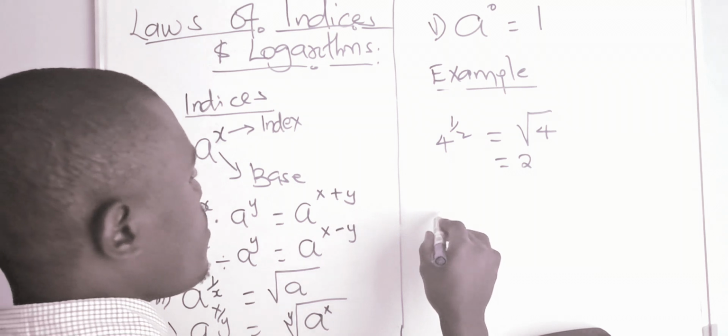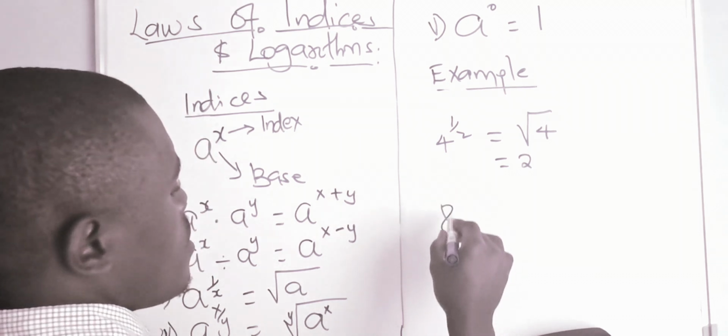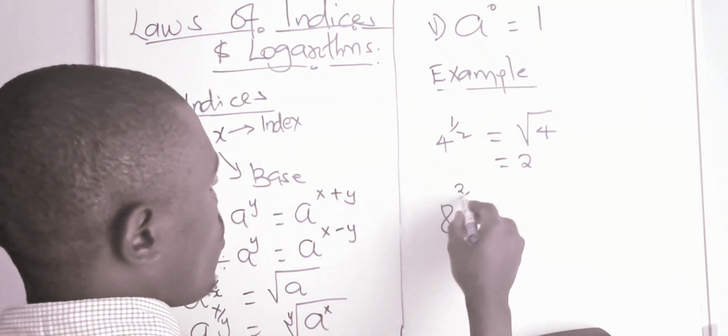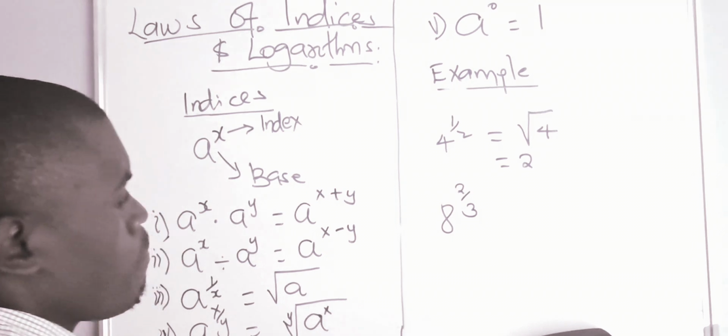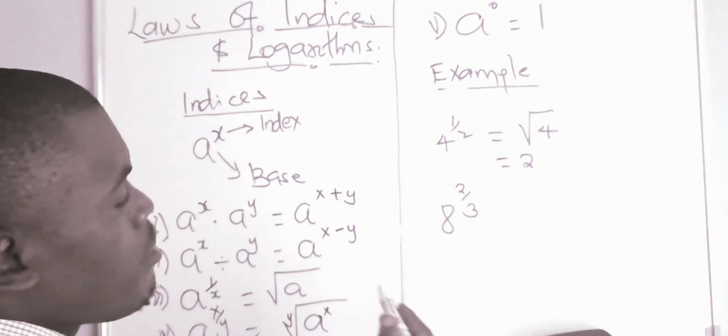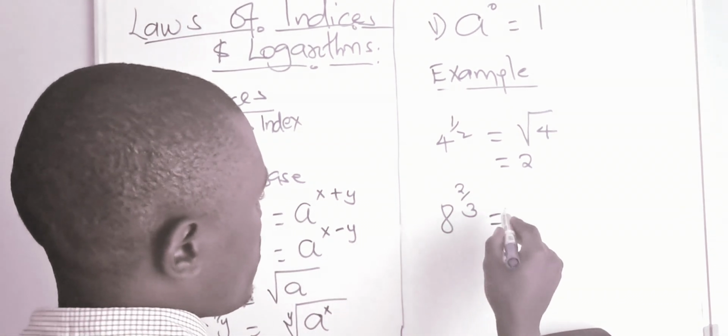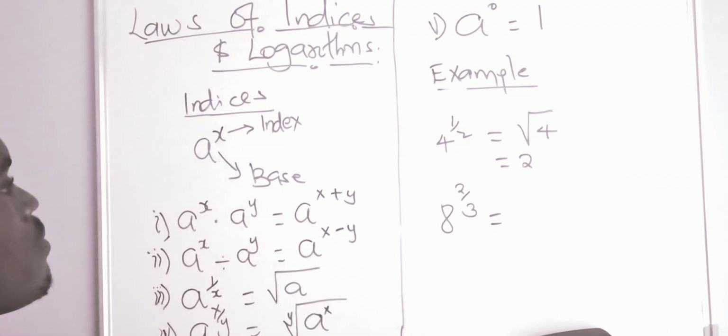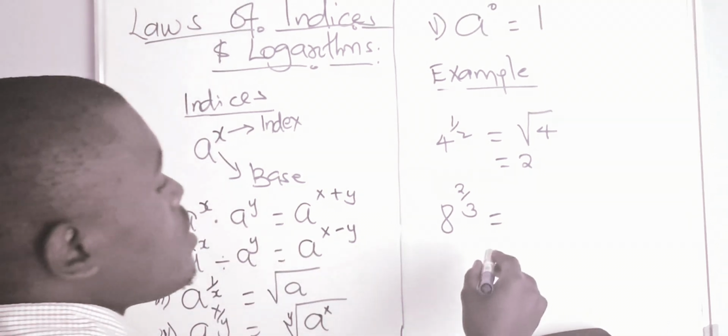Next example is 8 raised to 2 over 3. Simplify. We simplify this using the fourth law.